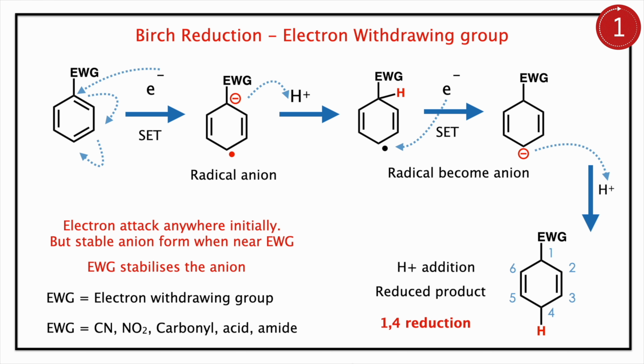Electron withdrawing groups can be the normal ones, that is minus I effect groups: cyanide, nitro, carbonyl, acid, amide. So the anion forms near that because of stability, then is quenched by hydrogen, then the radical is again converted into anion, again quenched by hydrogen, and the reduction happens. So the carbon near the electron withdrawing group gets reduced, and the fourth position is also reduced. So the electron withdrawing group promotes anion stability, which promotes regioselectivity.